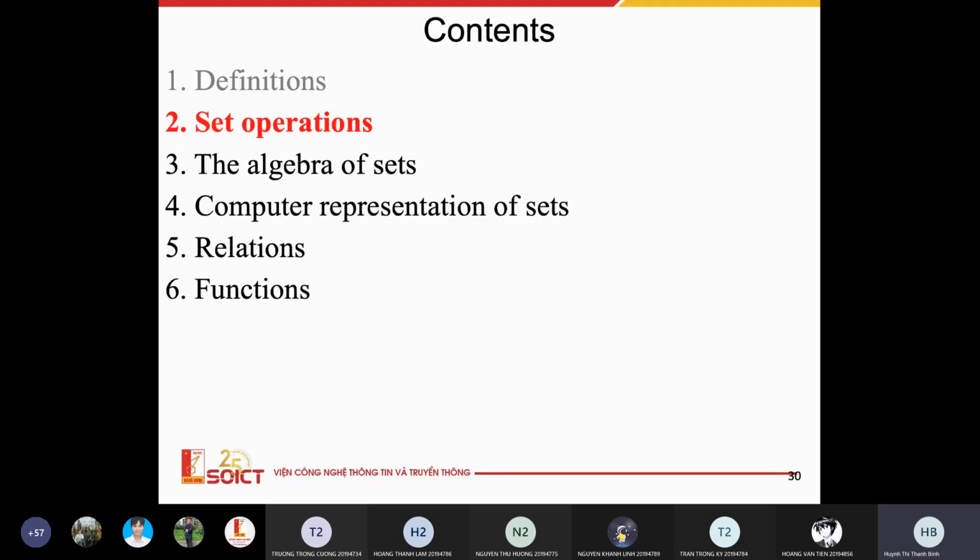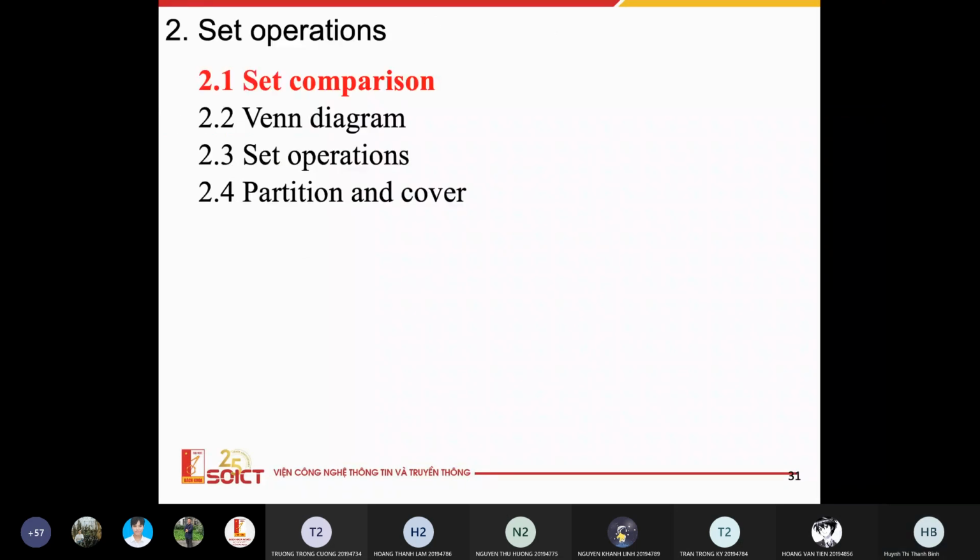Next, we move to the set operation. Set comparison, Venn diagram, and set operation, partition and cover are the content of set operation.